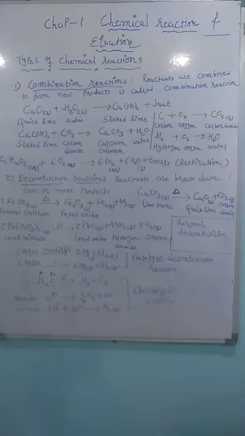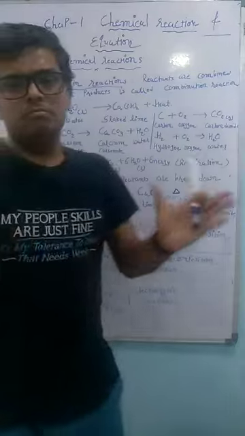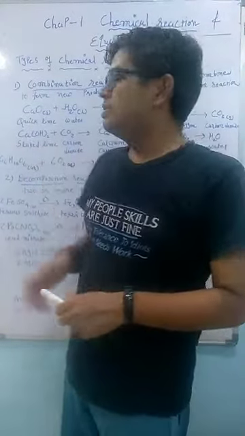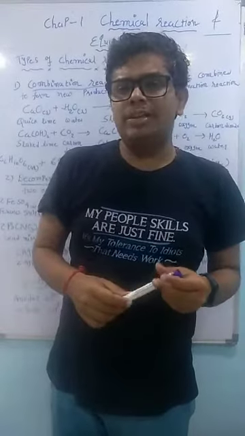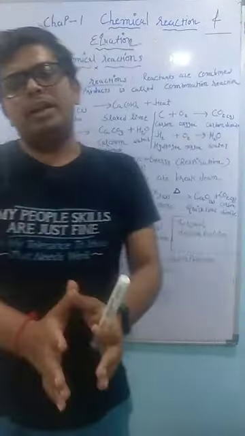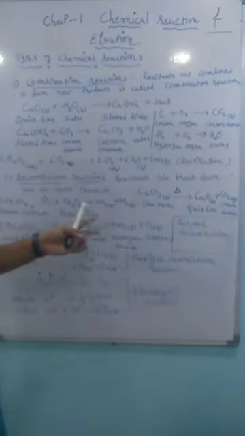Okay, so this is all about today's session. We will quickly revise. Today we learned about the combination reaction: reactants are combined to form the product. Second, the decomposition reaction: one molecule is broken down into different molecules. Three types of reactions are there.